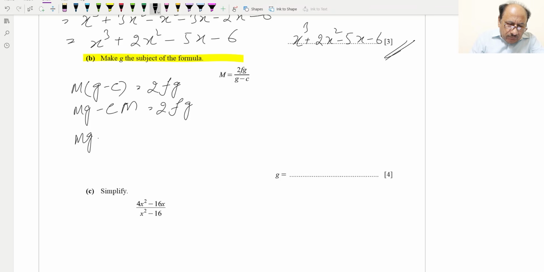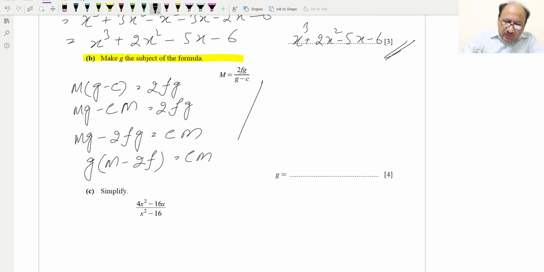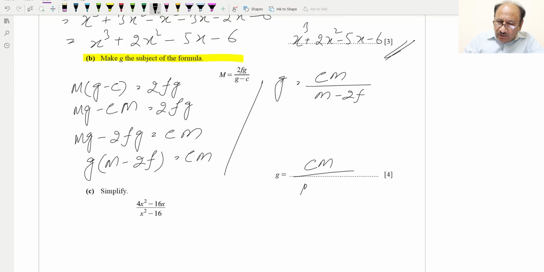So mg minus 2fg is equal to cm, and now we can take g common, and inside will be m minus 2f is equal to cm, and further we can shift this m minus 2f to the other side. So g will be equal to cm over m minus 2f, and this will be our final answer. This is a 4-mark question.